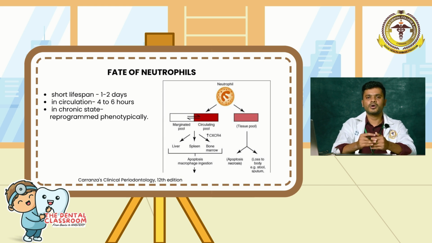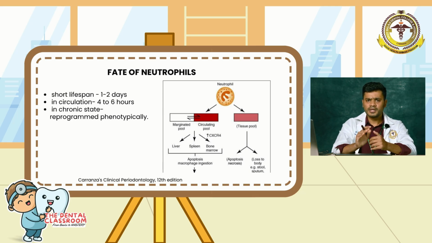So in chronic inflammation, the neutrophils are reprogrammed phenotypically to stay for a long period of time because the clearance activity is delayed. Once the clearance activity is delayed, the neutrophils will automatically stay for a long time and there will be a prolonged inflammatory state.